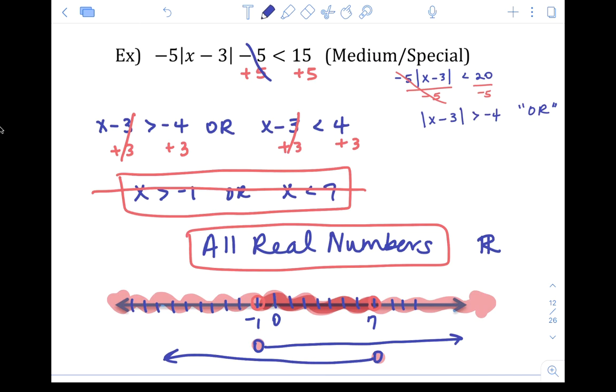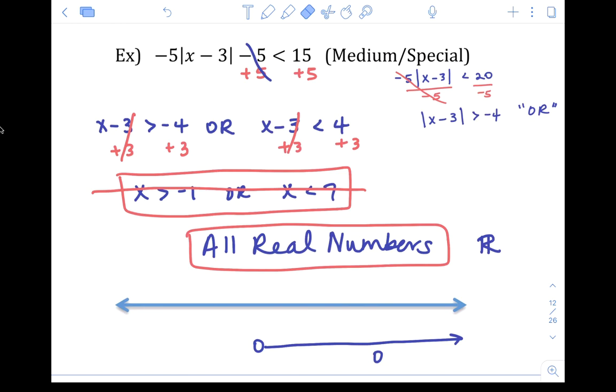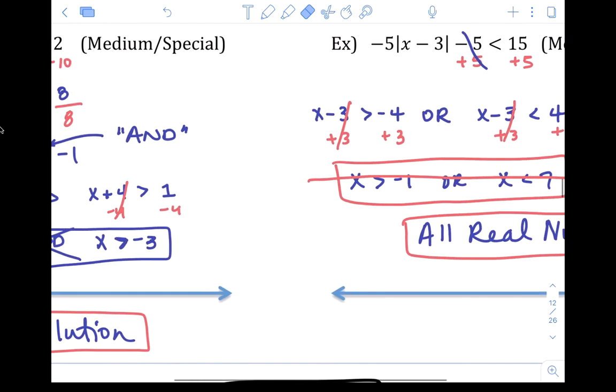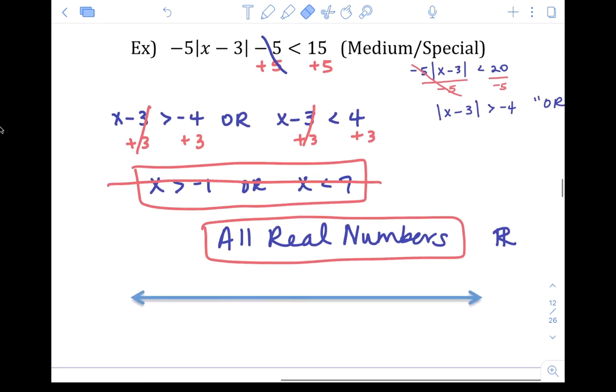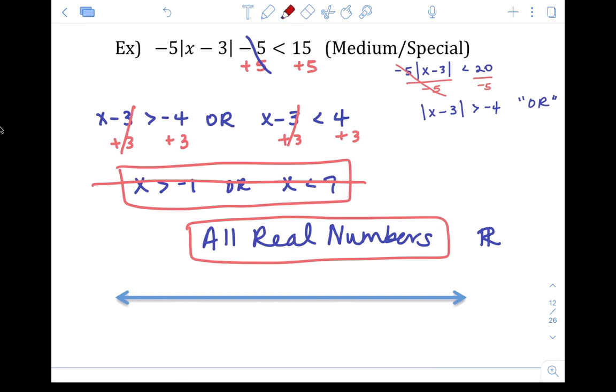As an interval, that would be from negative to positive infinity, every number on the number line. You could even take away the hash marks, and instead of an empty number line like the example we did a moment ago that had no solution, you would simply show me a number line that was completely shaded. That's it. So, all real numbers.